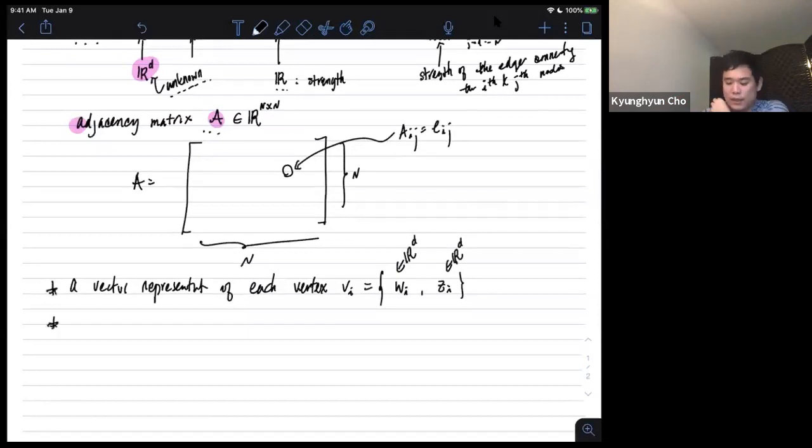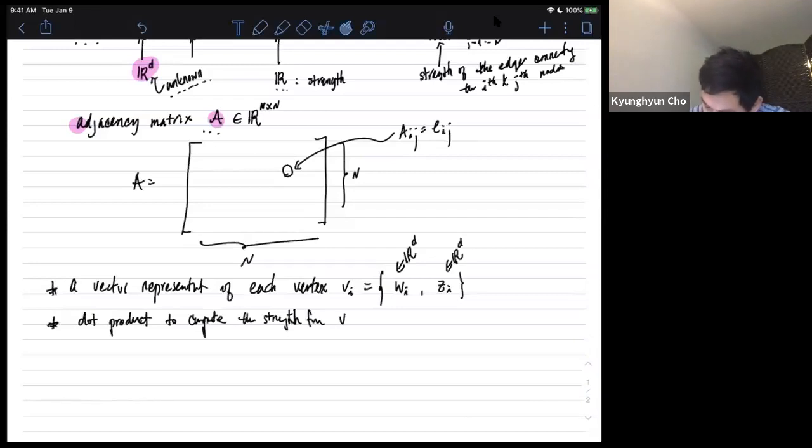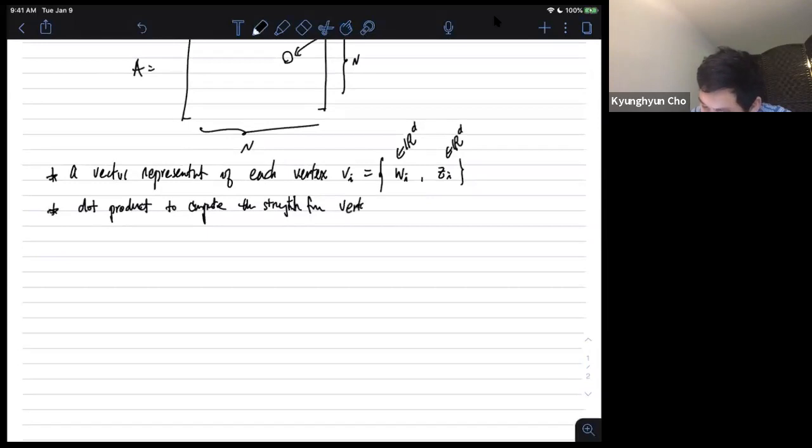And then the second thing is that we're going to use a dot product to compute the strength from vertex representations. What does that mean? Given an i to j connection, we look at the edge that goes from the ith vertex to the jth vertex.